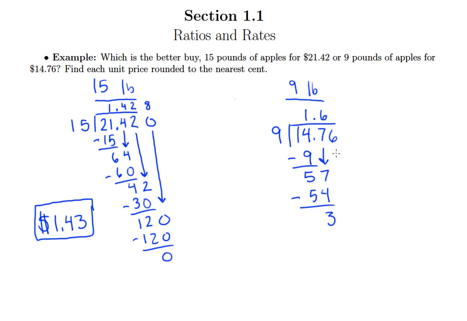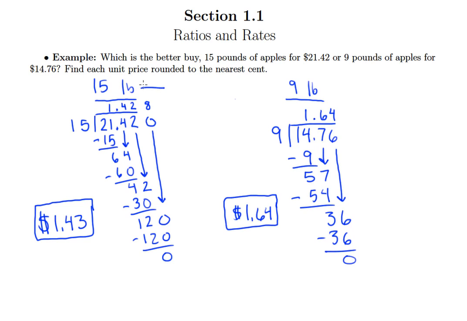And so we have a remainder of 3, drop down our 6. 9 goes into 36 4 times, and it goes in exactly 4 times. So here we don't have to do any rounding. The unit price is exactly $1.64. And from these two unit prices, we can clearly see that the 15 pounds is the better buy.